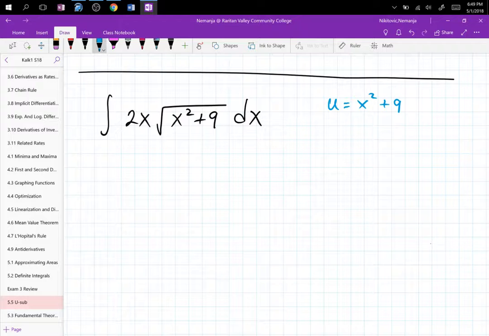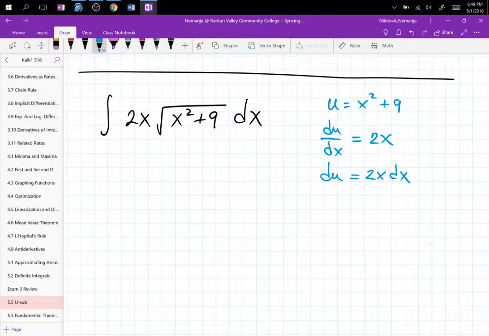So now what I'm going to do is differentiate, du dx. And what do I get on the other side? I get 2x. Then I move the dx to the other side. This is technically creating a differential, right? So I move the dx to the other side, and wow, look at this.